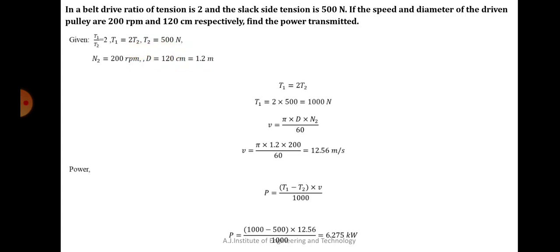All the data are given: 200 rpm and 120 centimeters. What is the unit of velocity? Meters per second. So when you substitute the values, it should be in terms of meters.